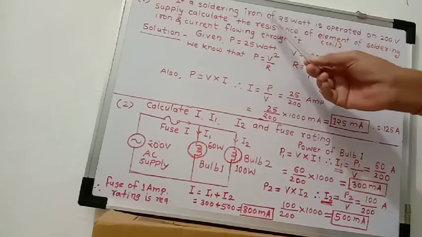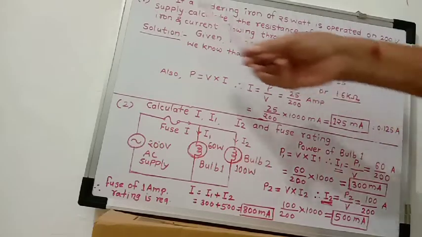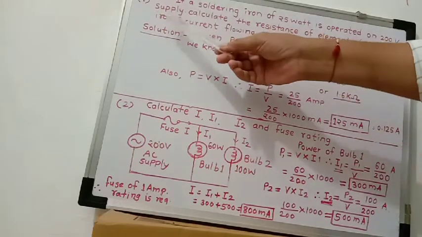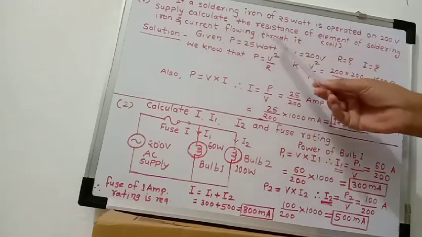So we have to calculate the resistance of the coil of the soldering iron and the current flowing through it.